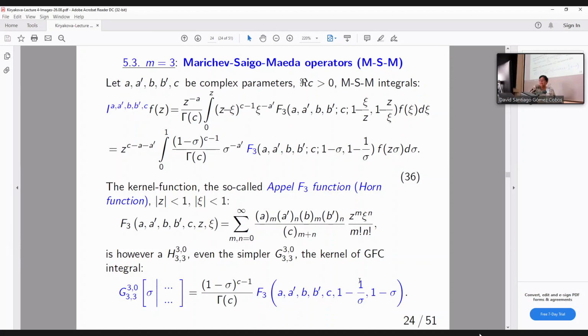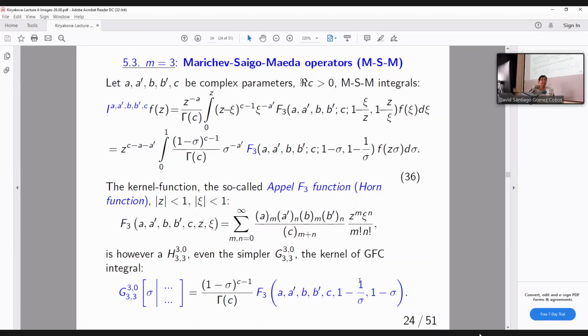You see the definition here. It depends on more parameters, and the kernel function is the F3 function, the so-called Appell F3 function or Horn function, which is defined by means of such a power series in the unit disk for two variables x and y.